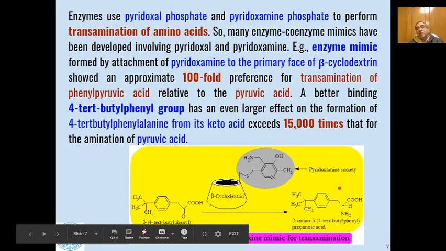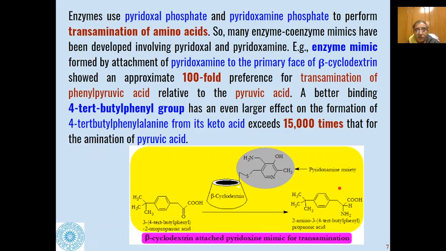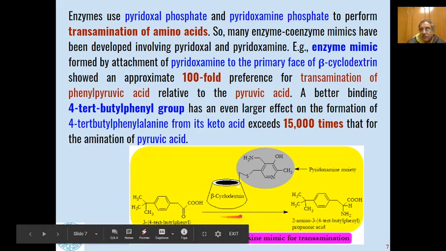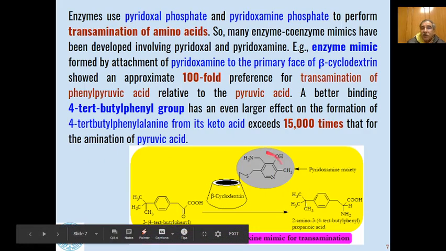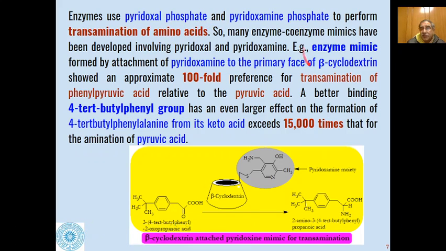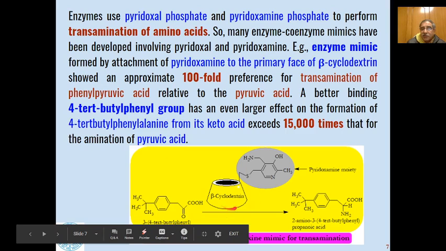Then another mimic is formed from beta cyclodextrin with this pyridoxamine moiety, and we know that pyridoxal phosphate and pyridoxamine phosphate are used for transamination of amino acids. So this mimic of pyridoxal phosphate and pyridoxamine phosphate is used in combination with beta cyclodextrin for this type of transamination reaction.